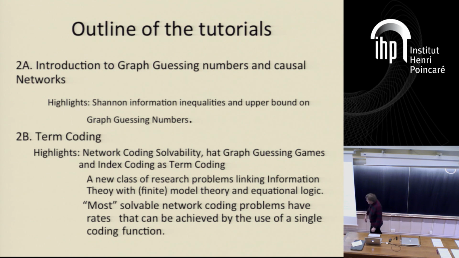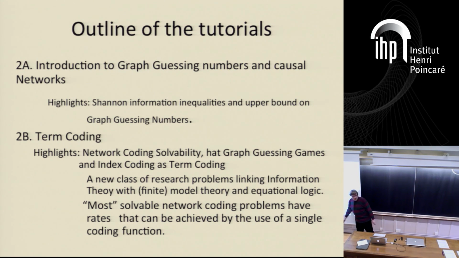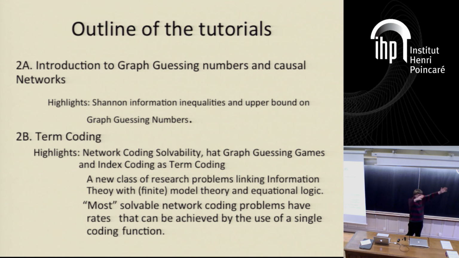And then I will prove something that is also kind of cool. Again, it drops out of the theory quite easily, but it's quite an interesting curiosity: if you have a general network coding problem, you might ask, can you actually do with just one coding function? It turns out that there are some caveats, I have to specify exactly what I mean by most solvable networks, but in general, if you write down a general communication network, if it's not degenerate in a very specific sense I will define, then you can actually just do with one coding function.